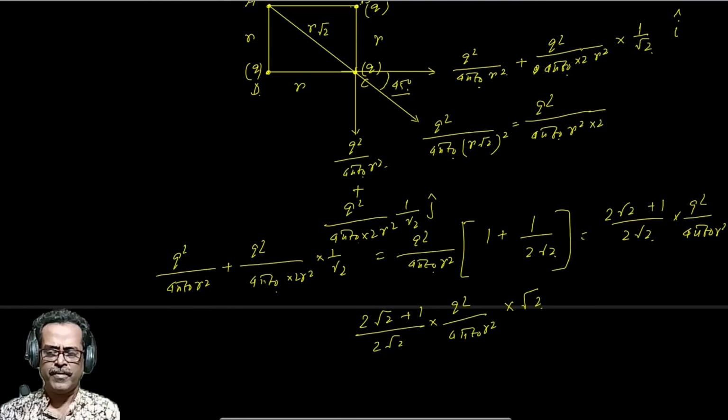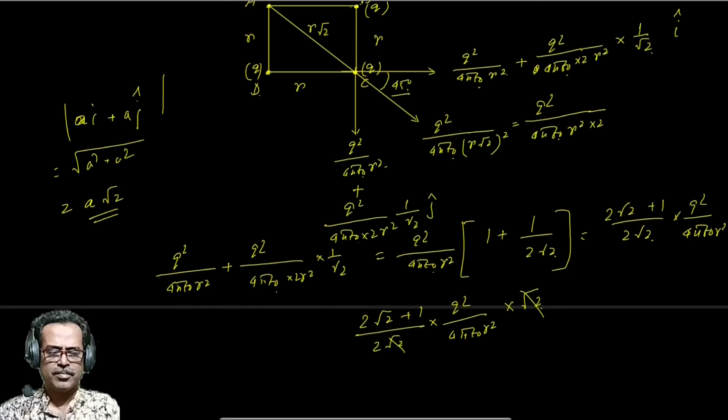Because if x, say AI plus AJ, is equal to root over a square plus a square, the magnitude of this is root 2. So cancelling, I get 2 root 2 plus 1 by 2 into Q square by 4 pi epsilon 0 R square.